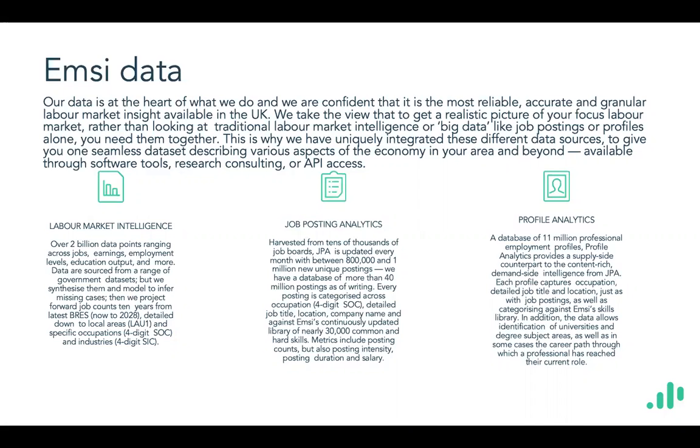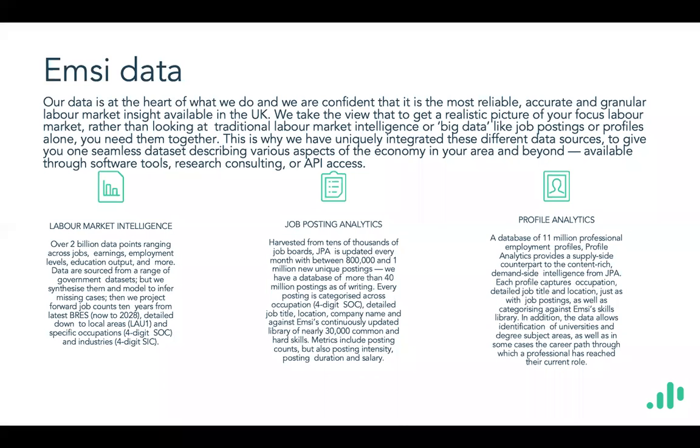We have them at local authority level, which we can then build upwards, and we have the occupational information to 4-digit level, the most granular, coded according to SOC. So we have 4-digit SOC codes, and the industry equivalent at 4-digit SIC as well.